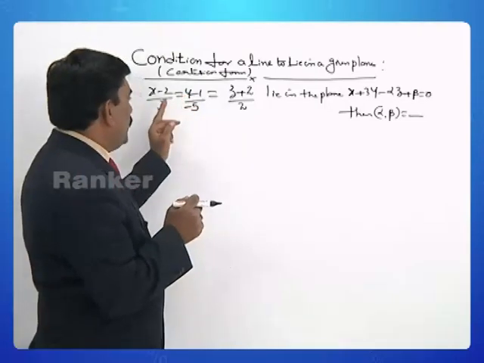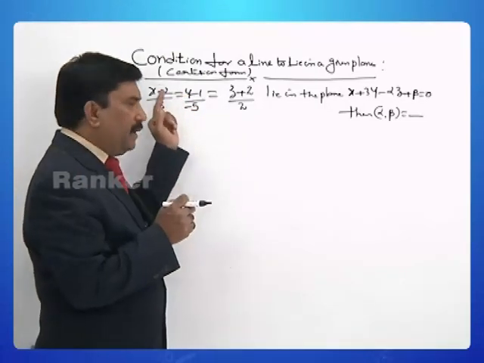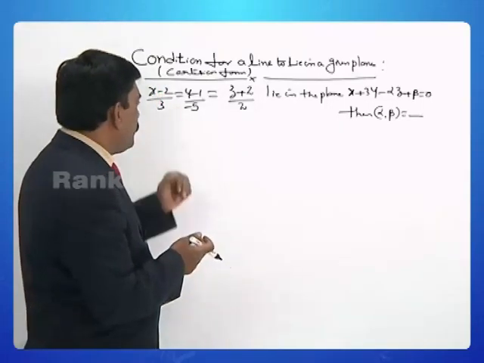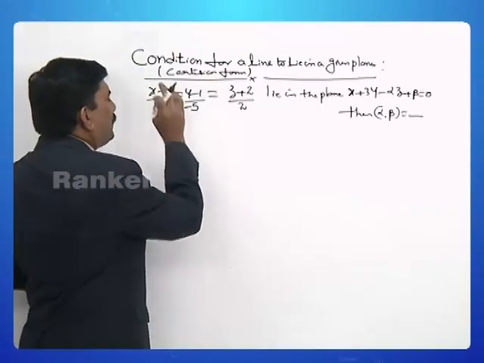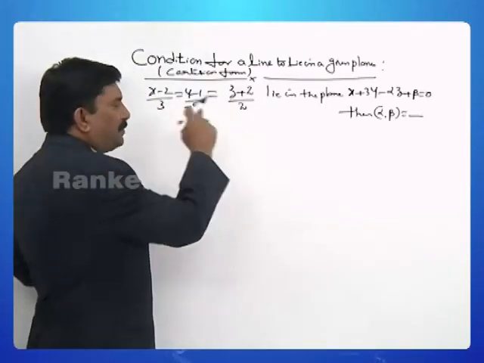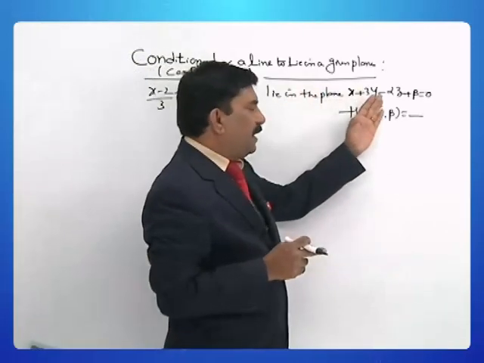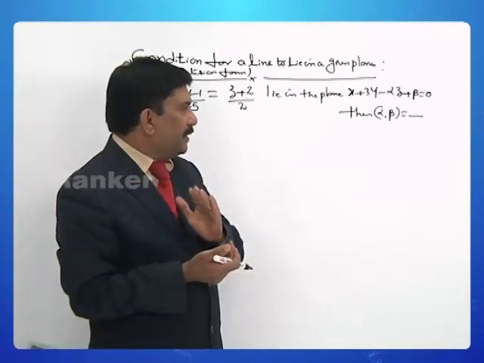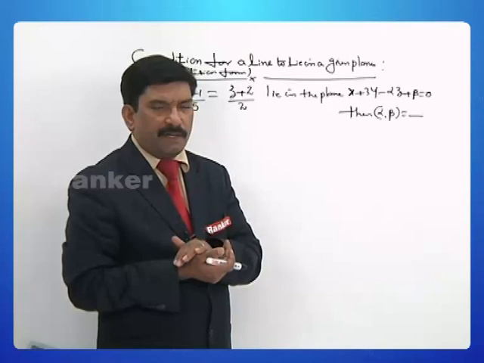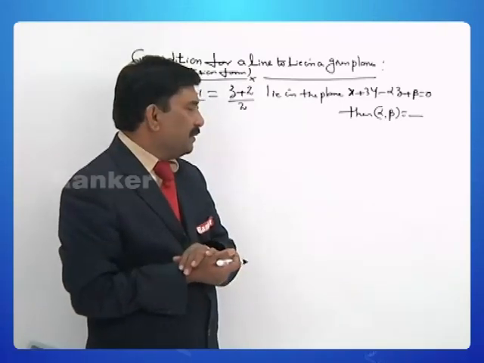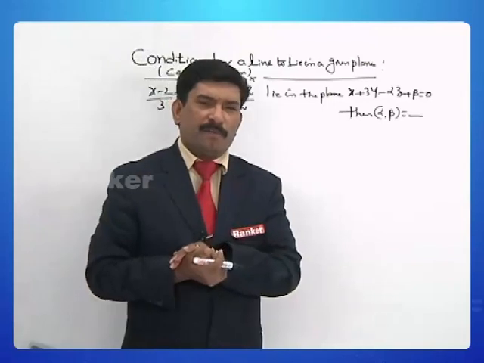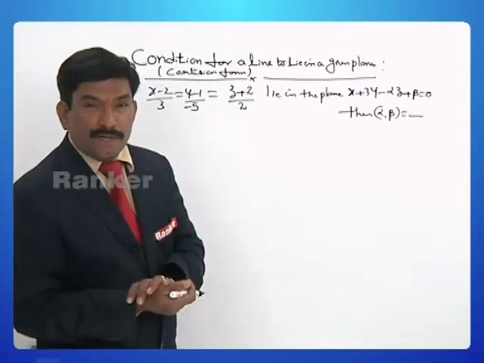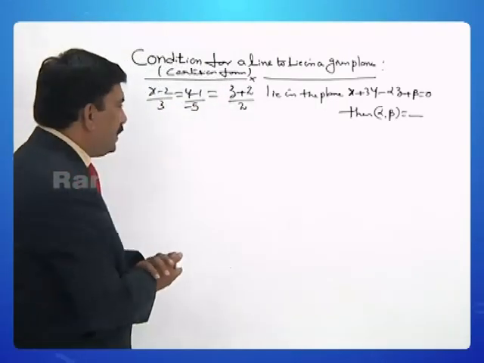Let the equation of a line in symmetrical form be (x minus 2)/3 equals (y minus 1)/minus 5 equals (z plus 2)/2. It lies in the plane x plus 3y minus alpha z plus beta is equal to 0. Then alpha comma beta is equal to what?